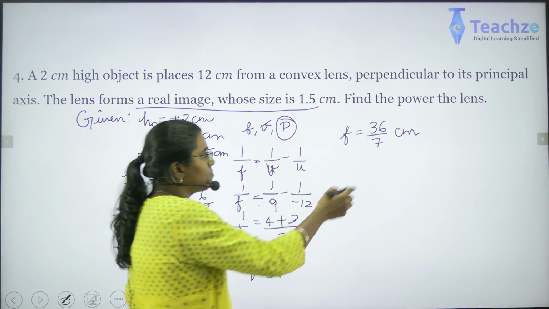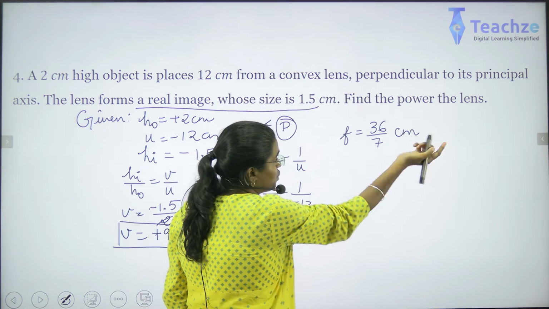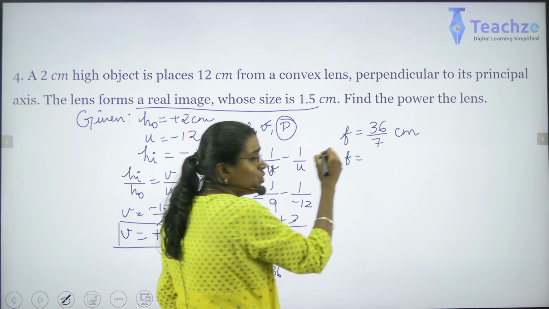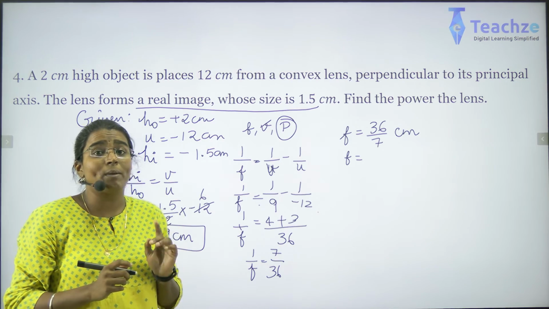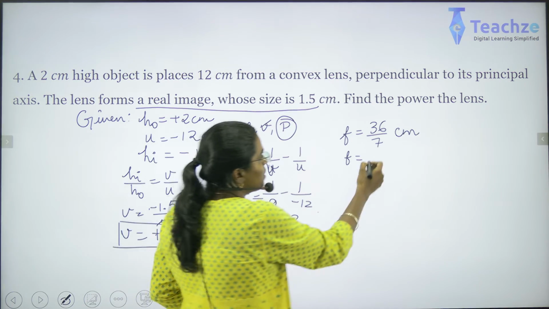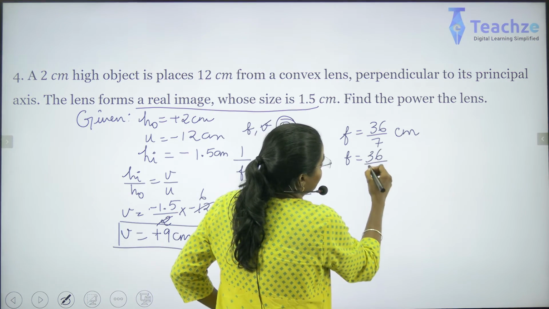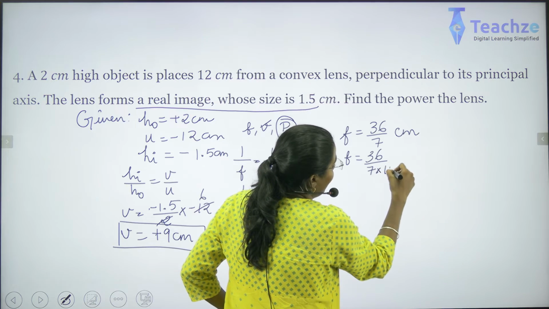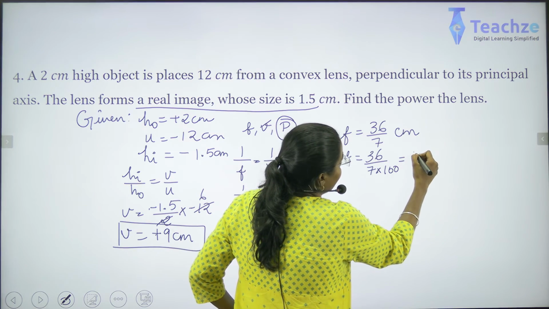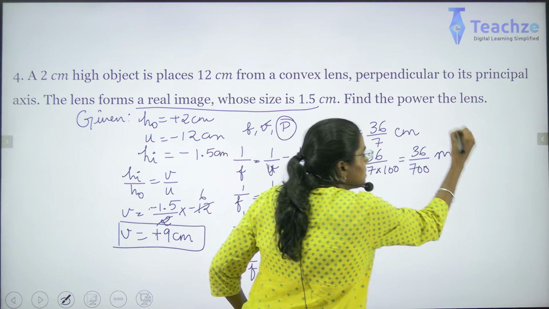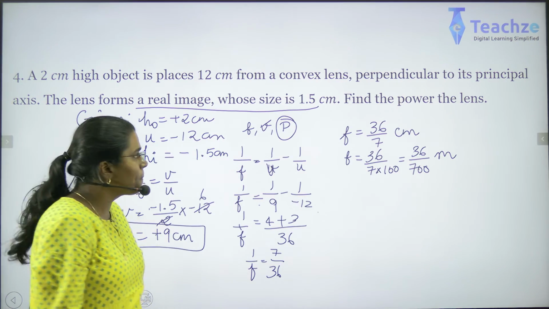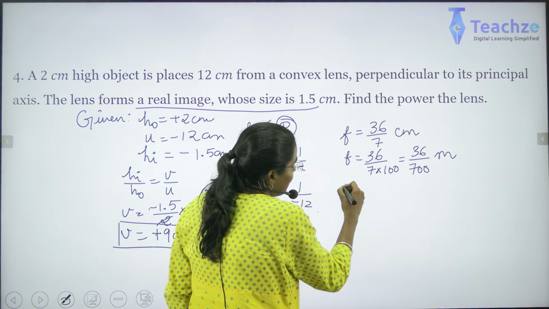So when you have to change centimeter to meter, what should you do? One centimeter is 1/100 meters. So you should divide 36 by 7 into 100. It will be 36 by 700 meters.